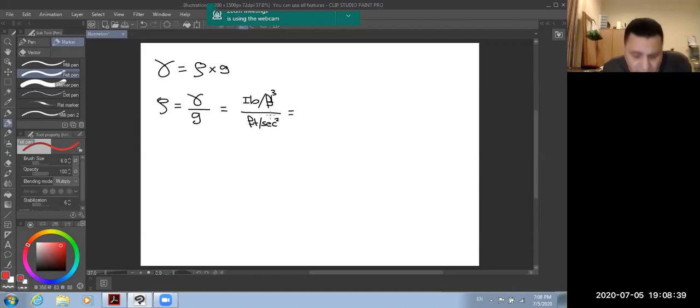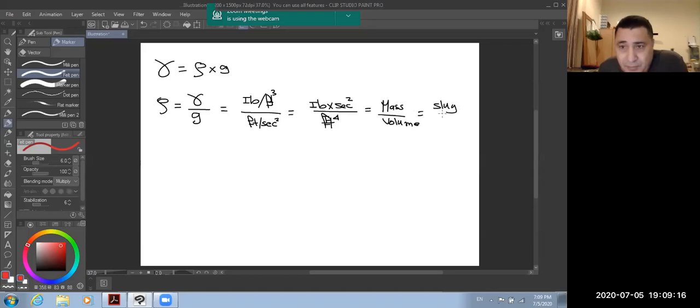All of this equals pound multiplied by second square over feet to the power 4. Once you have feet to the power 4, it equals mass over volume, which we call slug over cubic feet.